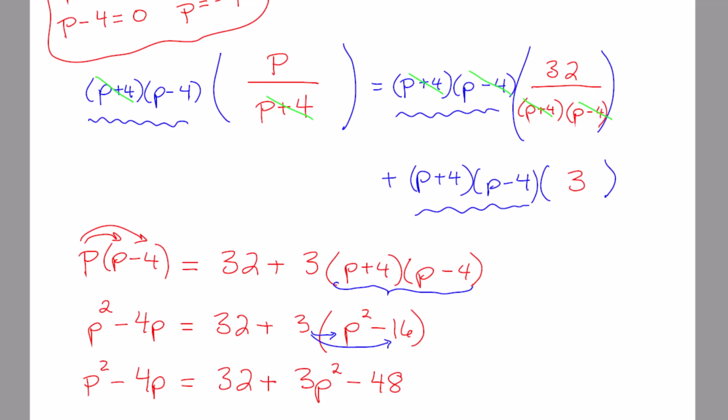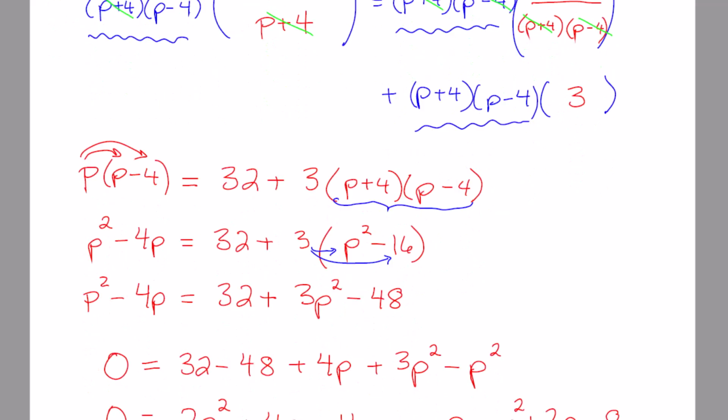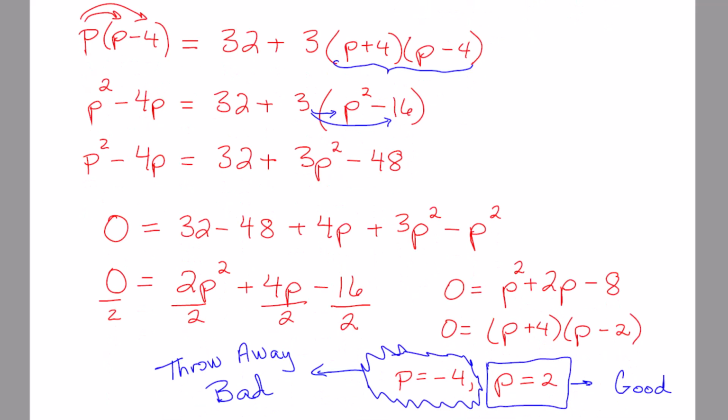All right, looks like we have some cleaning up to do. Let's see. All right, so since the p squared is here with a 3, I'm going to bring all of that stuff left.